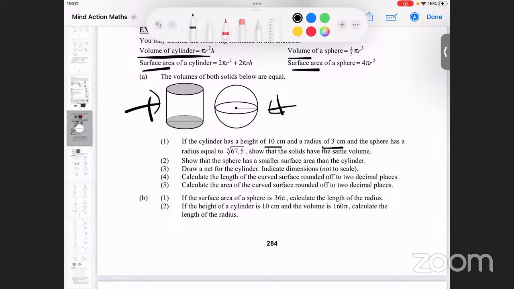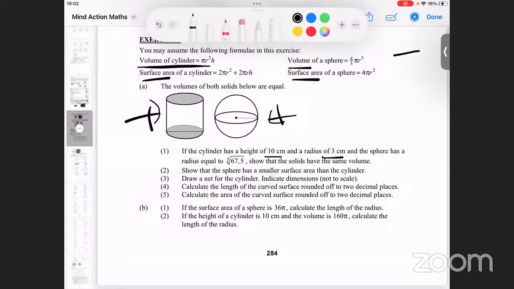So we're going to make use of the formulas that we're given here. We just substitute, okay?